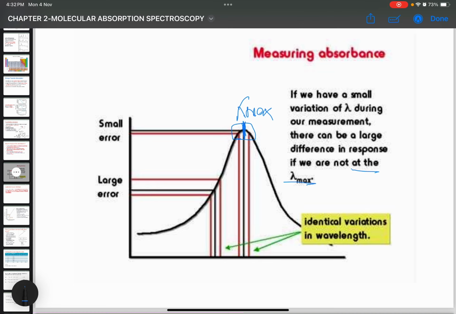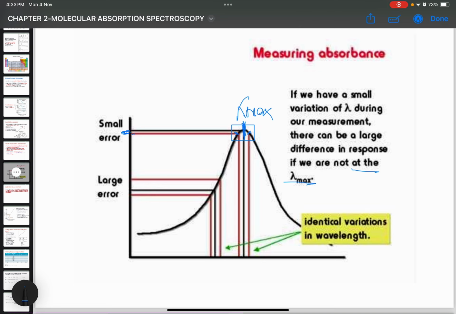Even though you deviate a little bit, your absorbance will not change much.